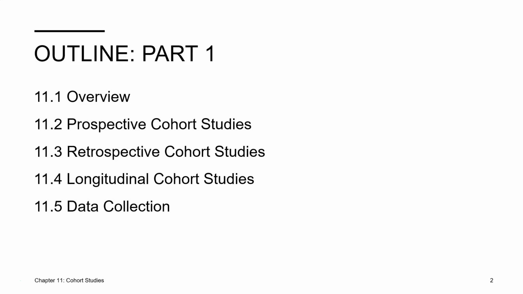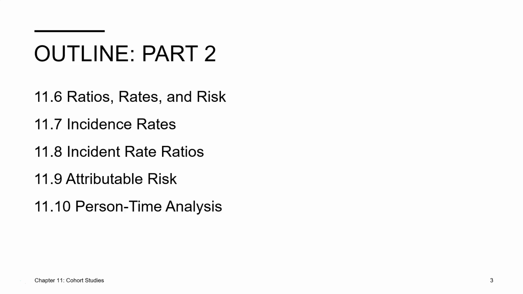Here is an outline of the chapter. Section 11.1 provides an overview. Section 11.2 covers prospective cohort studies. Section 11.3 covers retrospective cohort studies. Section 11.4 covers longitudinal cohort studies. Section 11.5 goes over data collection. Section 11.6 covers ratios, rates, and risk.